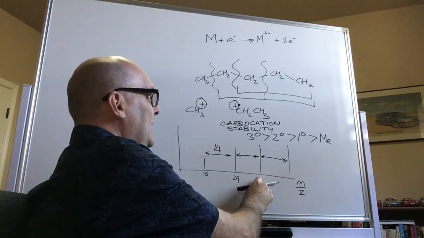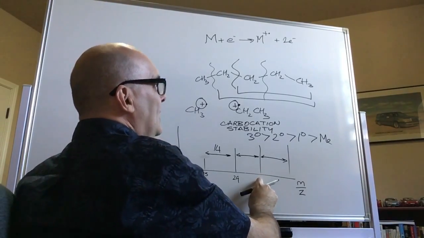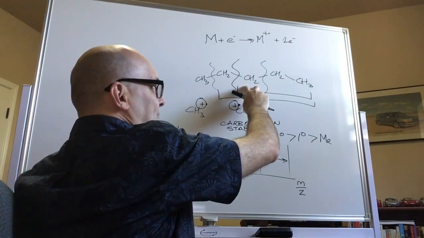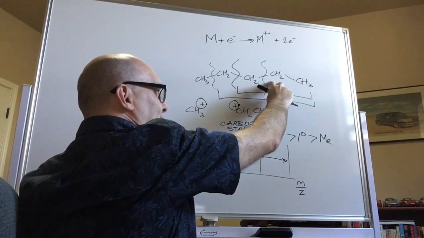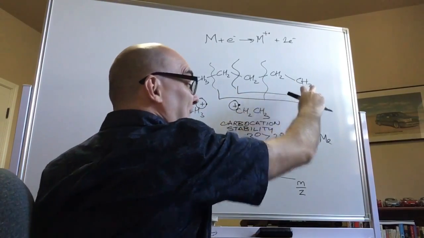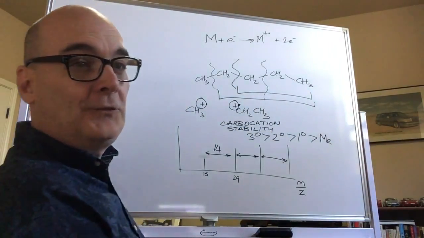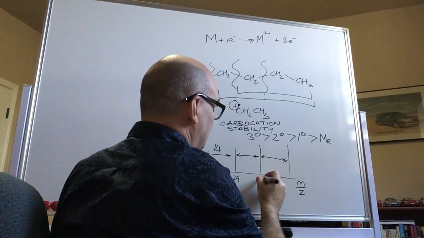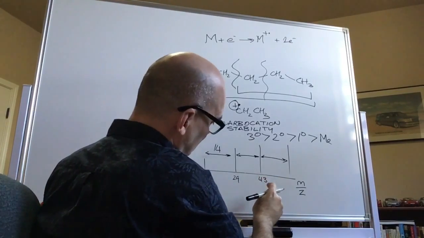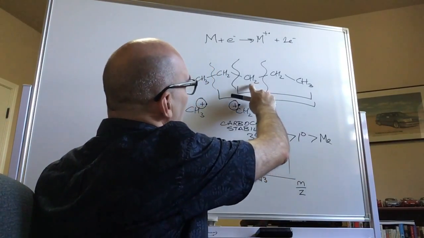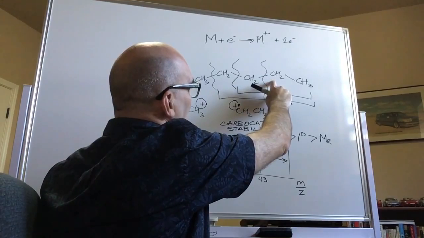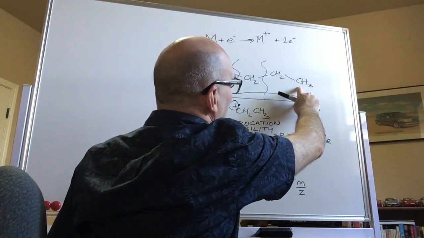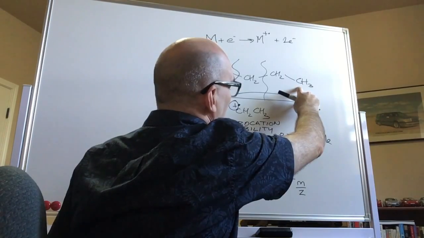What signal should be here? That would be a 3-carbon fragment, which would be this 14 plus that 14 plus this 15. 43. Let me think. 12, 24, 34.